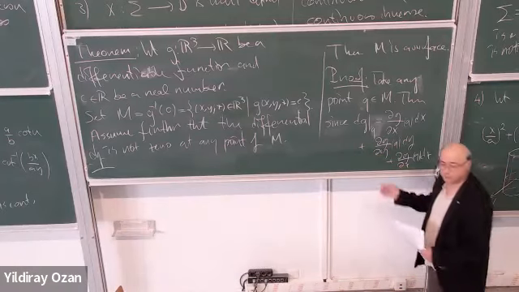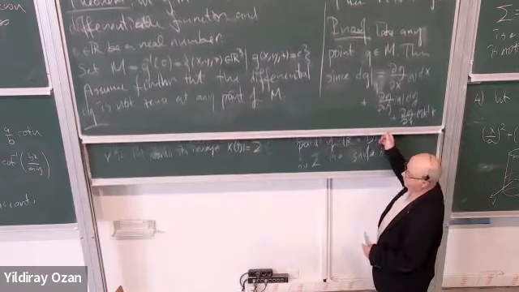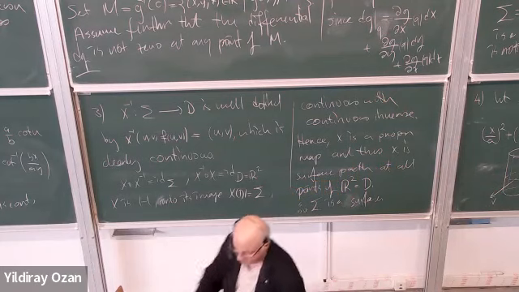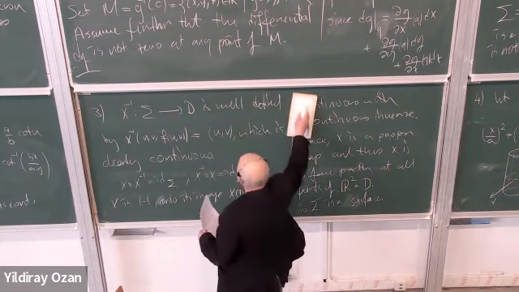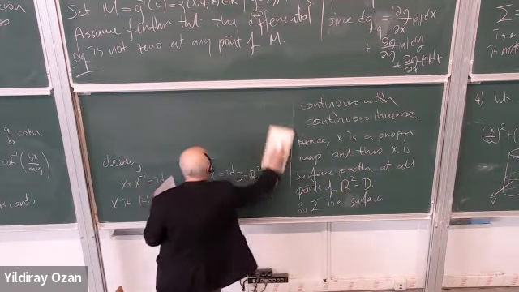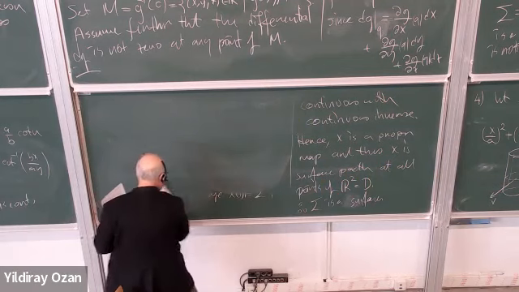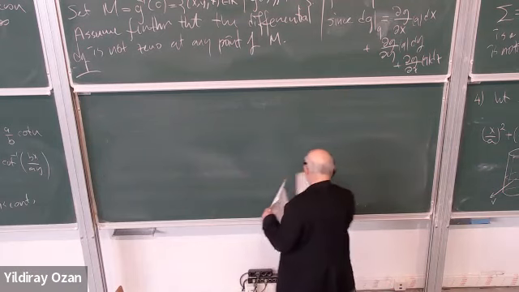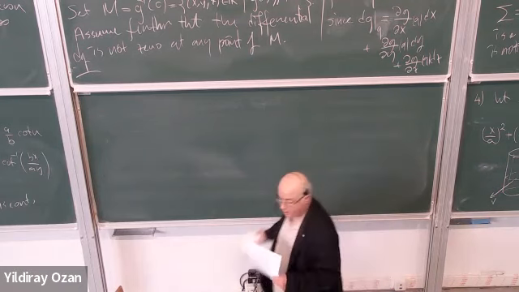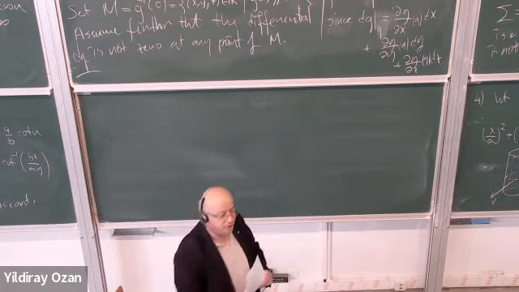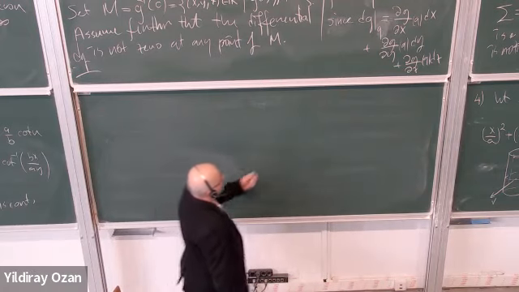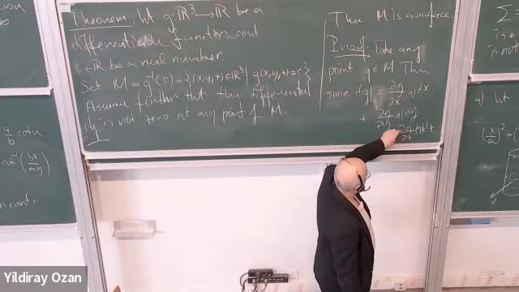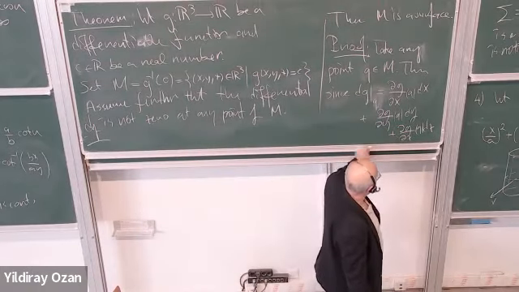It's the differential of G. Well, one of the partial derivatives is not zero. Without loss of generality, let's choose this one to be non-zero. Del G over del Z is not zero.